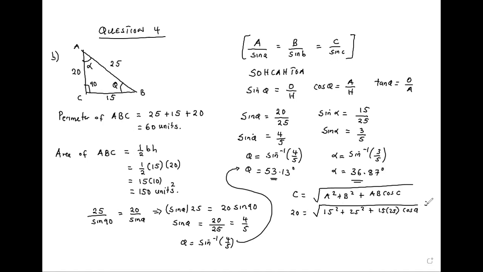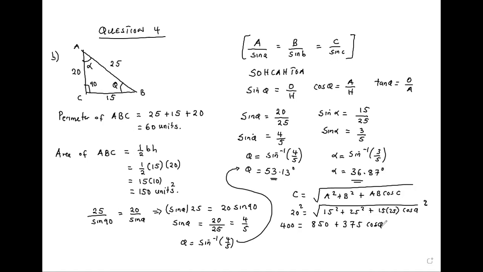So if we square both sides, we'll get 400 on the left is equal to 15 squared plus 25 squared, which is 850, plus 15 by 25, that's 375 cos theta.